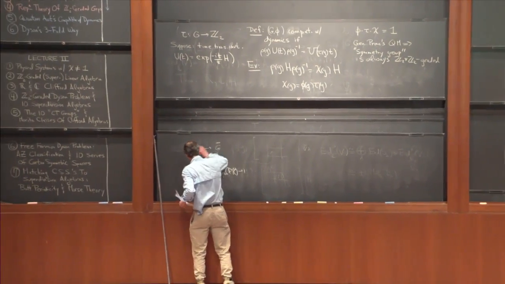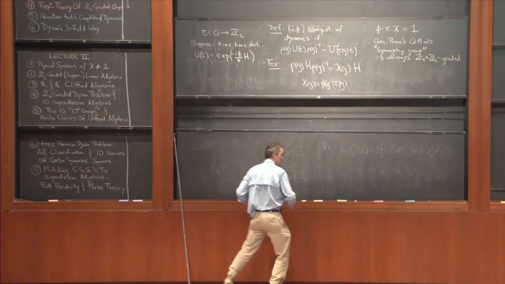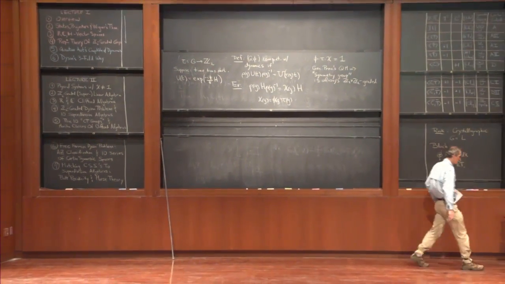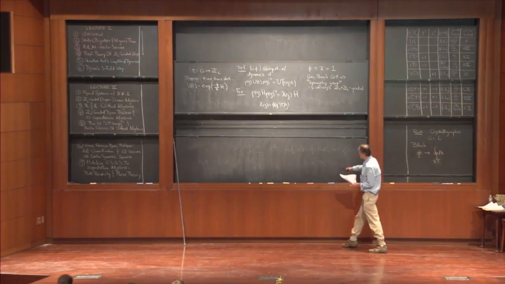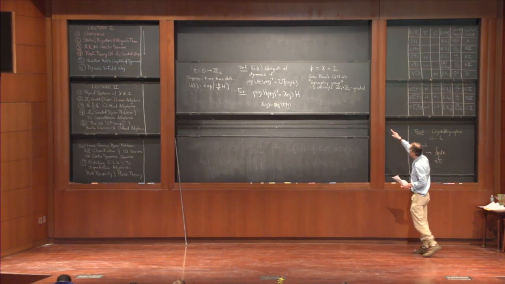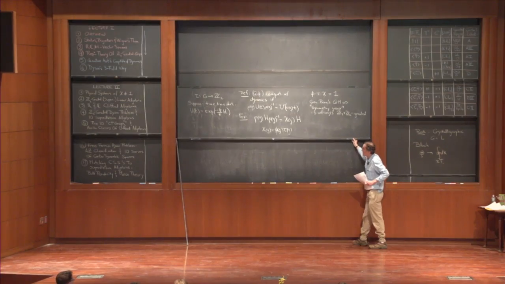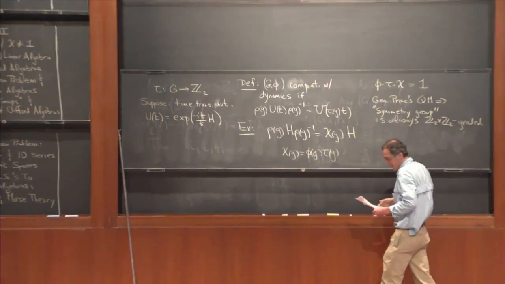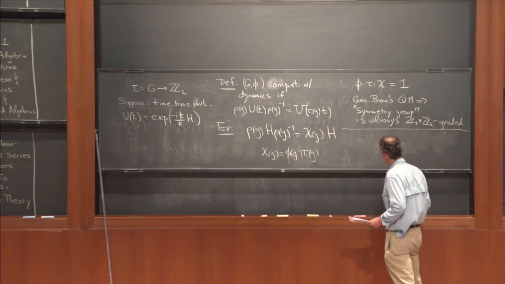Okay, so we have this general lesson: tradition demands that we, so we have general principles of quantum mechanics which tell us that a group is always Z2 times Z2 graded. Now I want to make 5 remarks about this.